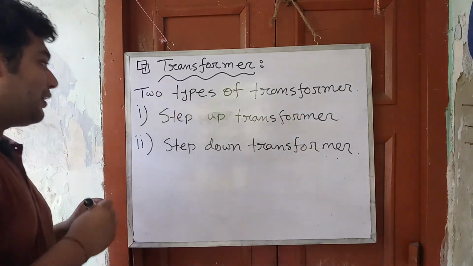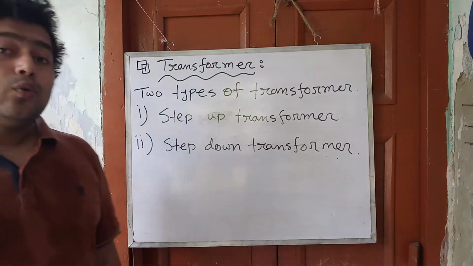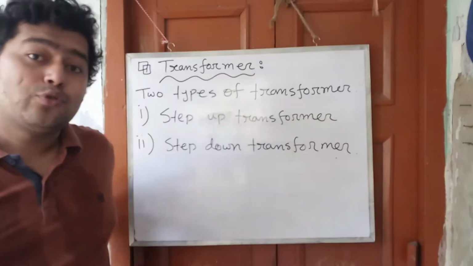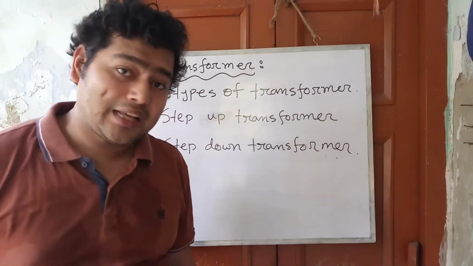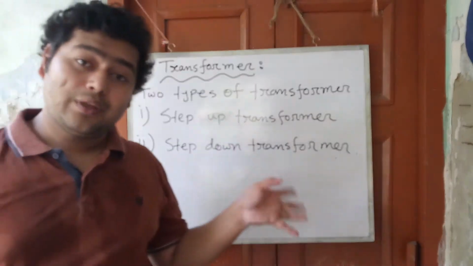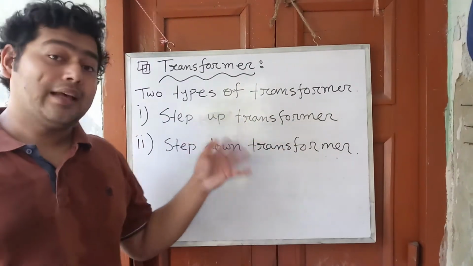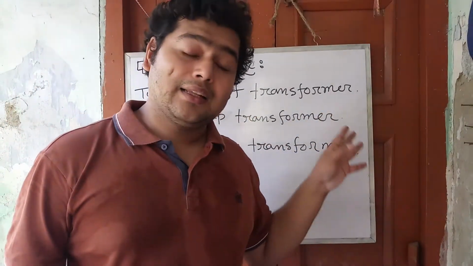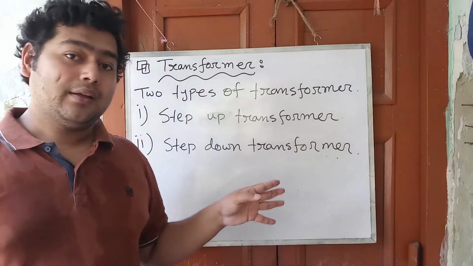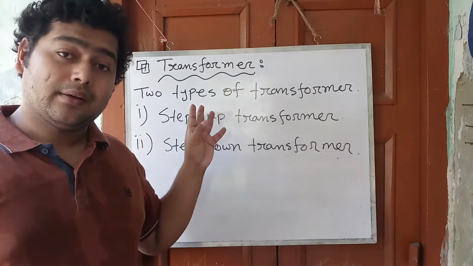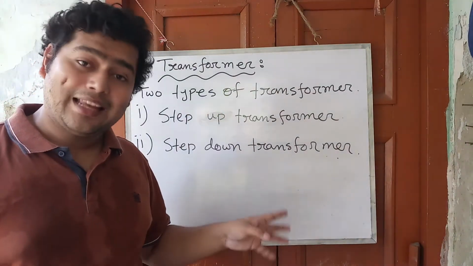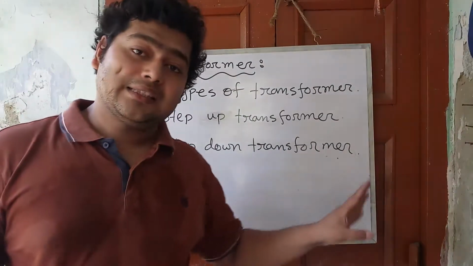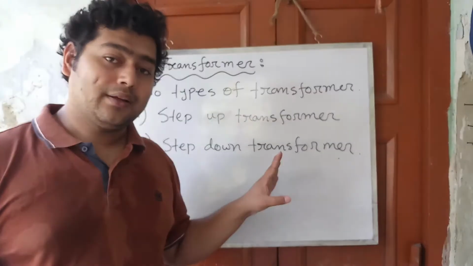In a transformer we have two parts, input and output. The input part is known as the primary coil, and the output part is known as the secondary coil.